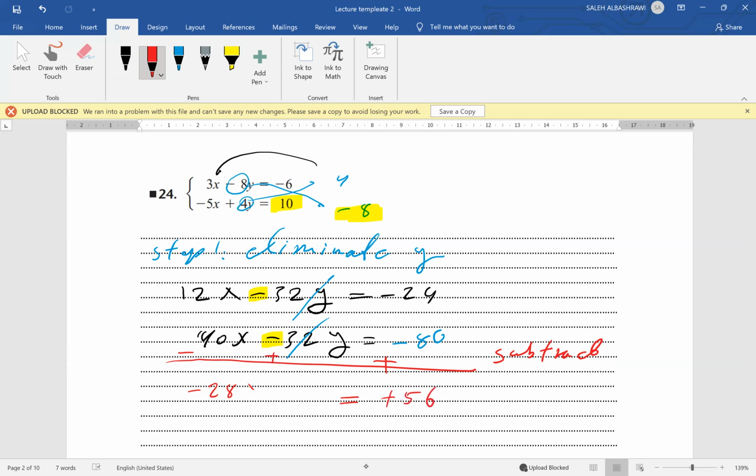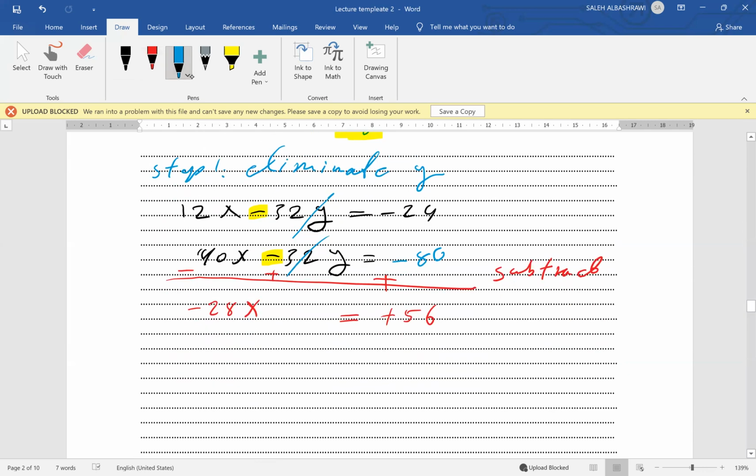So I have minus 28x equal to plus 56. Now divide by the coefficient of x. Divide by minus 28. I will have x equal to minus 2. So x is equal to minus 2.